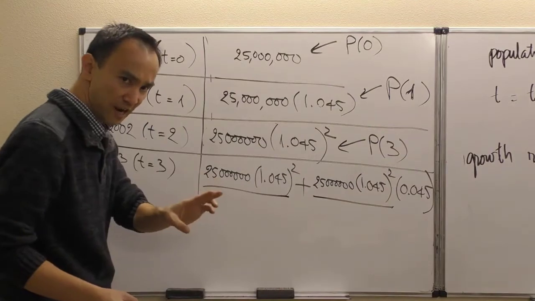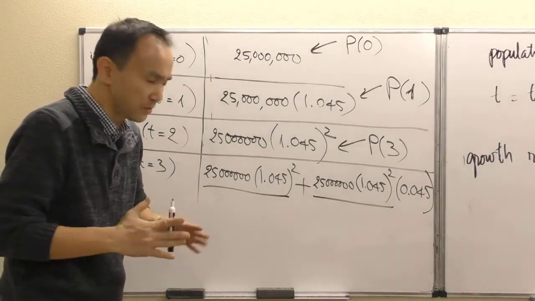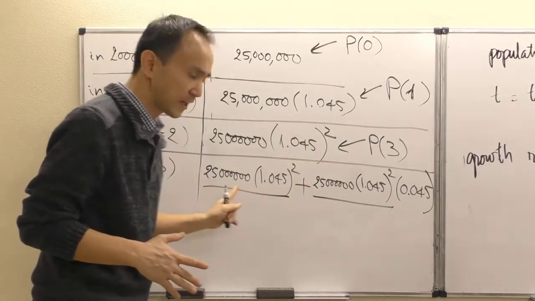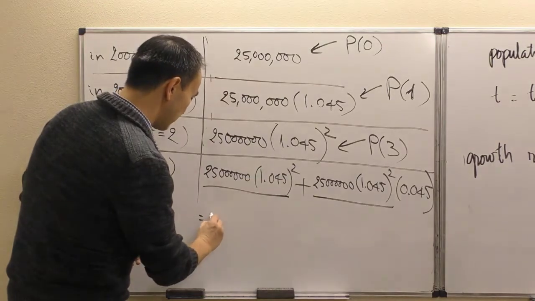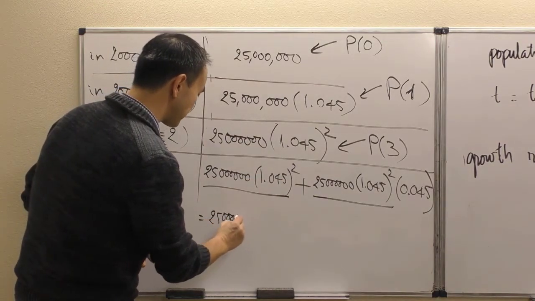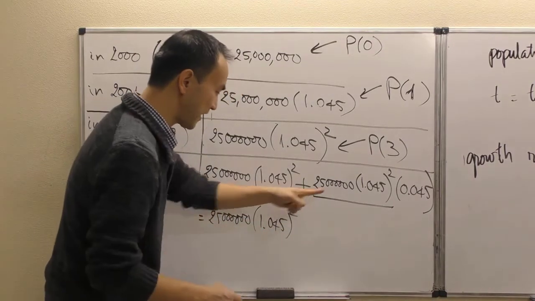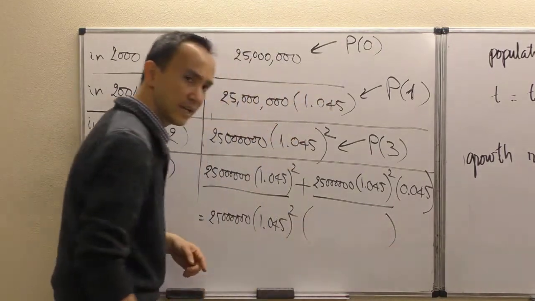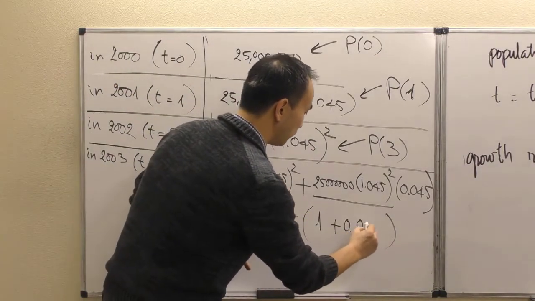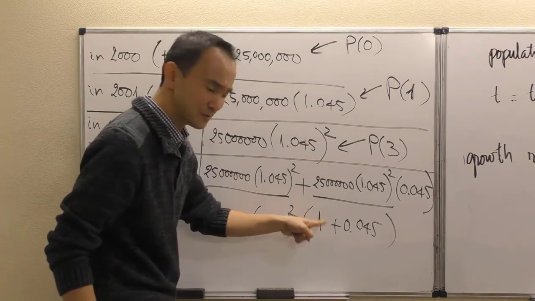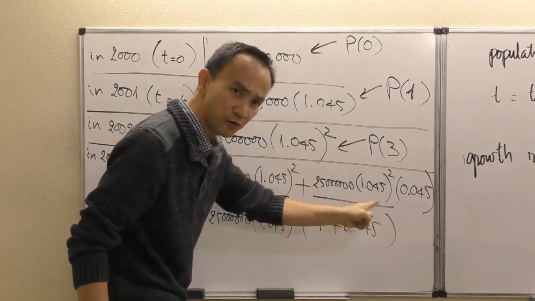And then now again, I'm recognizing there's a common factor, right? We can factor it out, and for anyone watching this, you are in a pre-calculus course, so you should be decent enough with recognizing these common factors. So in my next step, I can factor out the 25 millions times 1.045 squared. That's the common factor. But now what's left behind in the parentheses is 1 plus 0.045, which gives us 1.045 again.